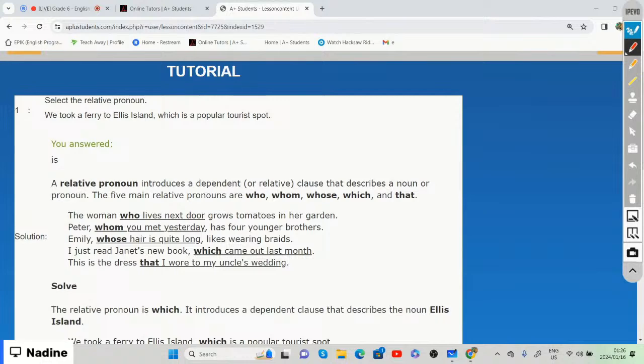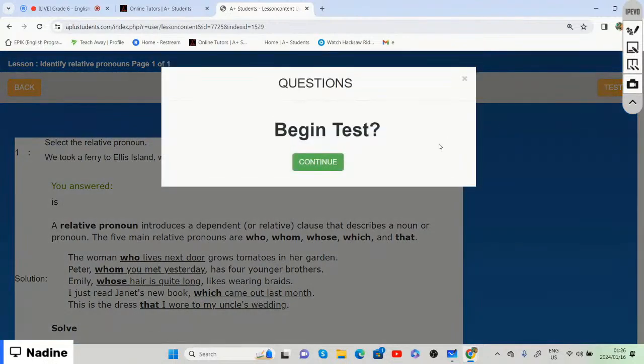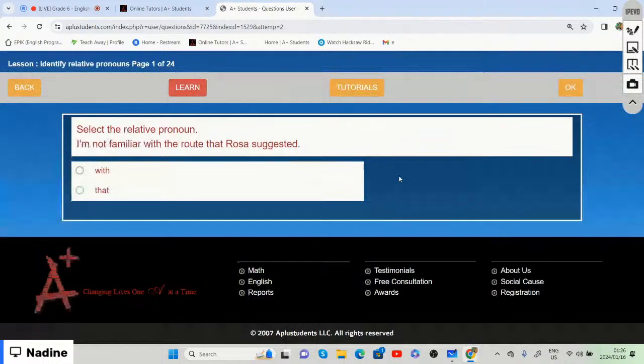All right. So now we're going on to our test, where we're going to identify relative pronouns. It says select the relative pronoun.